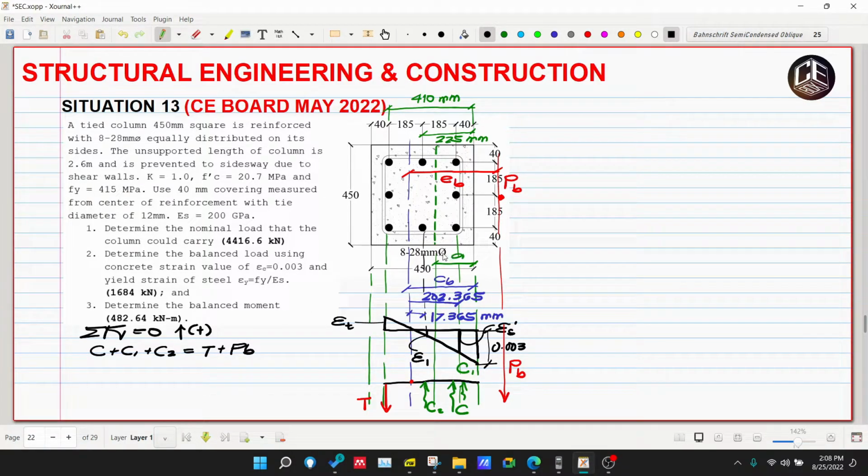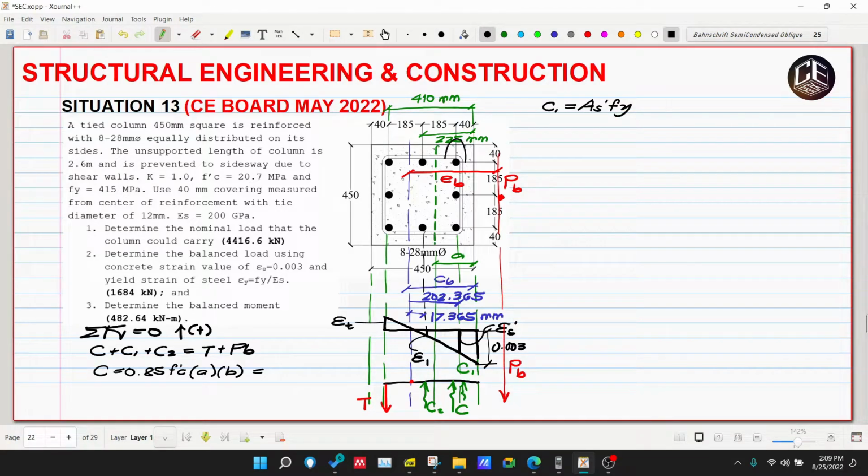So since meron naman tayong compression block A, makukuha natin ang C. So since this is concrete, this is equivalent to 0.85 F prime C multiplied by A multiplied by B. Then i-divide na natin ng 1,000 para maging kilonewton. Tapos yung C1 naman, this is compression steel. So this is AS prime multiplied by FY.